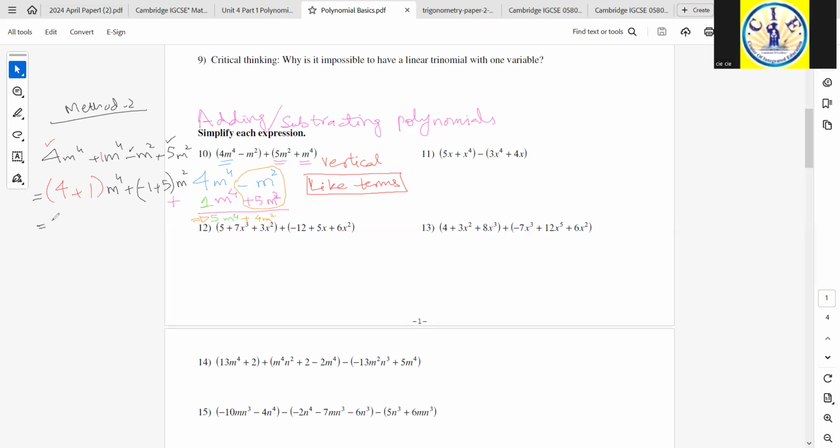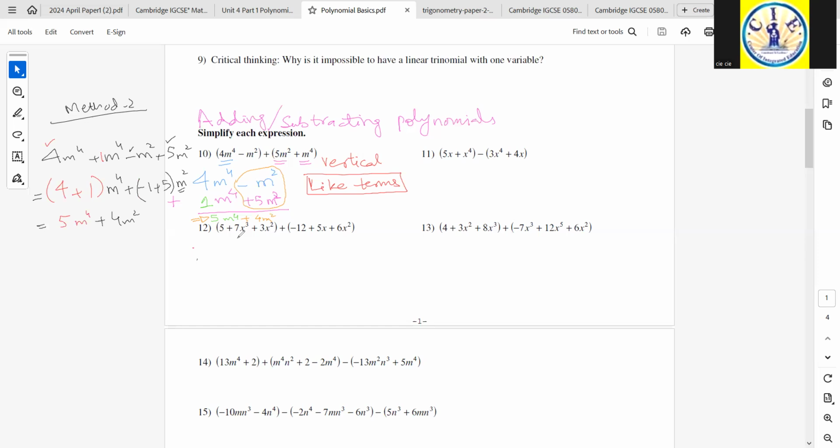So now you see this is 4 plus 1, that is 5, m raised to the power 4, and then minus 1 plus 5, that is plus 4, and the variable is m squared. So it is the same answer as before. So there are two methods to add them.